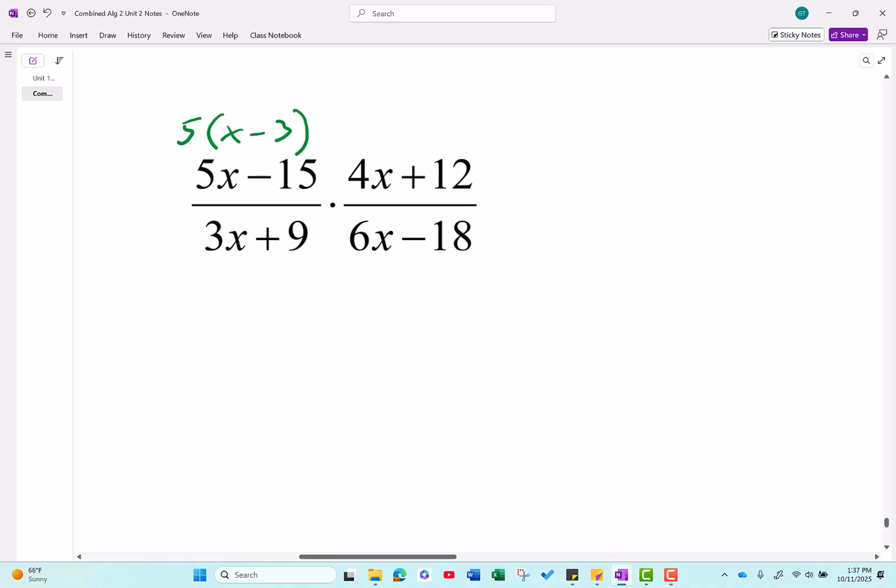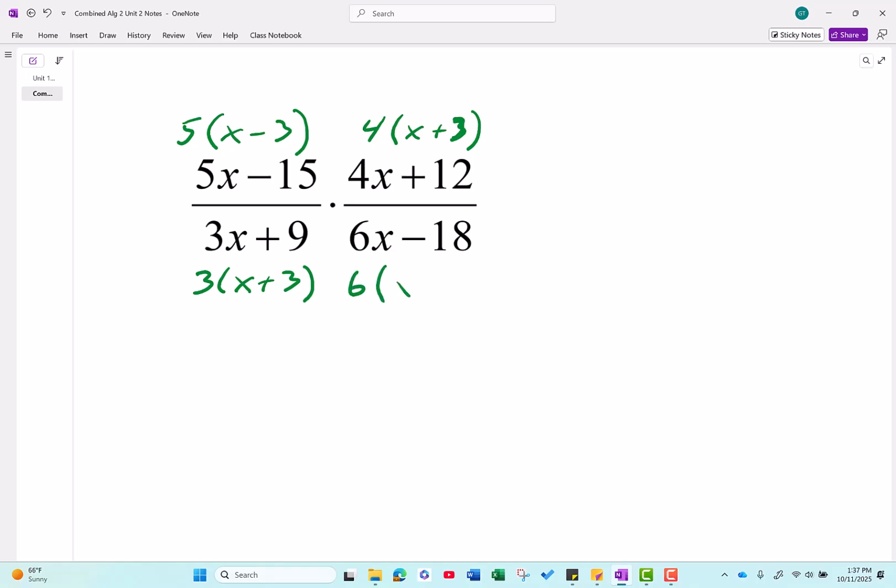Below, I see 3x plus 9. I can pull out a 3 and end up with x plus 3. Up top, I can pull out a 4 and I'm going to end up with x plus 3. Then down below, if I pull out a 6, I would end up with x minus 3.